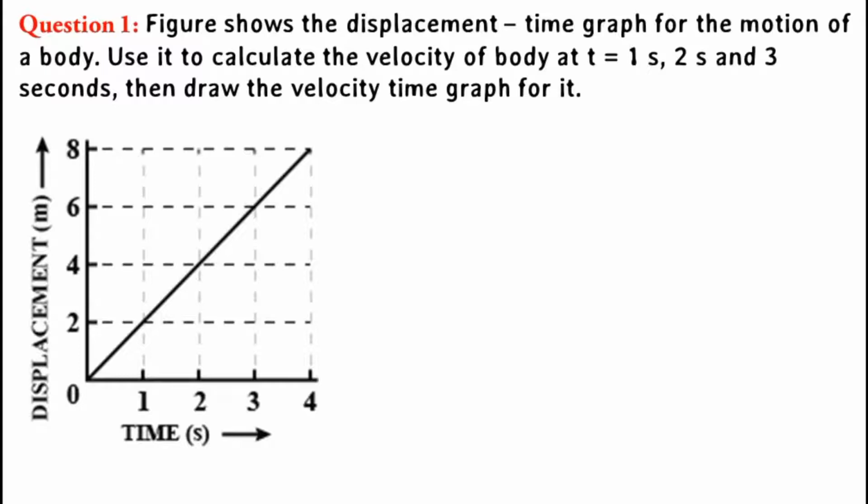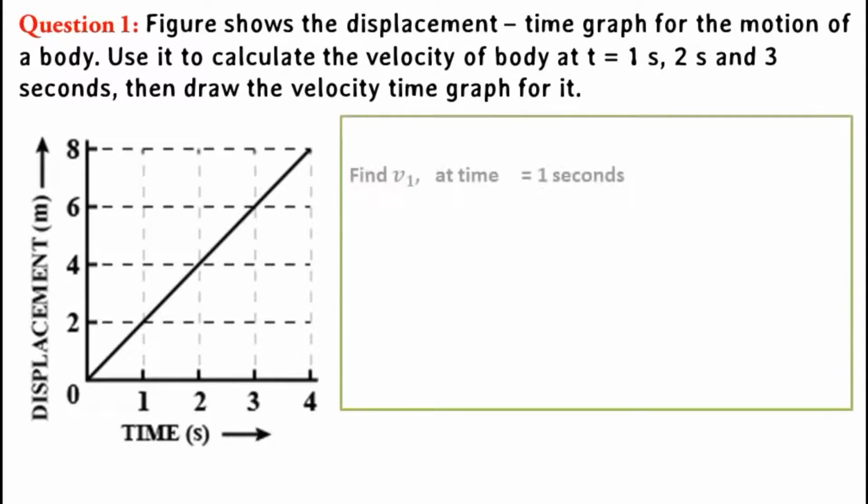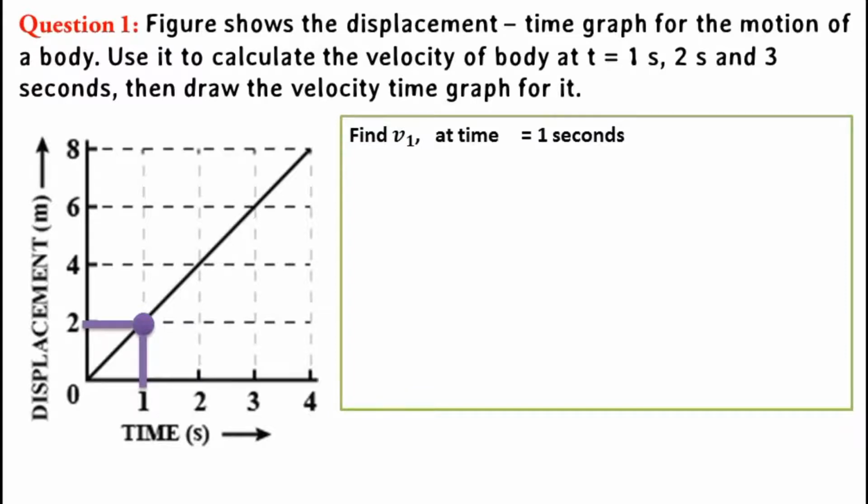First, let us find velocity at a time 1 second. Please look in the graph and mark a point on the line of the graph just above time 1 second, as you can see now. Now extend the lines from the point to the x-axis and to the y-axis. Please note here the initial point we have taken as 0.